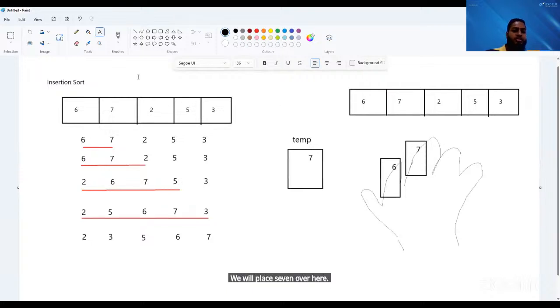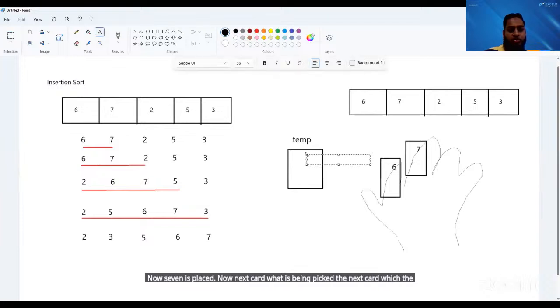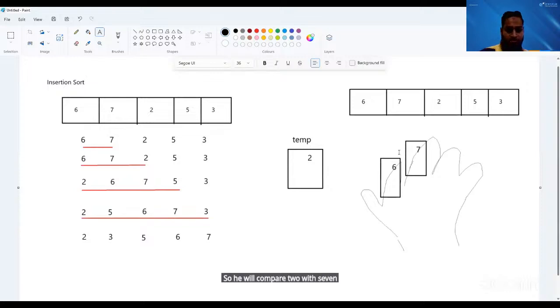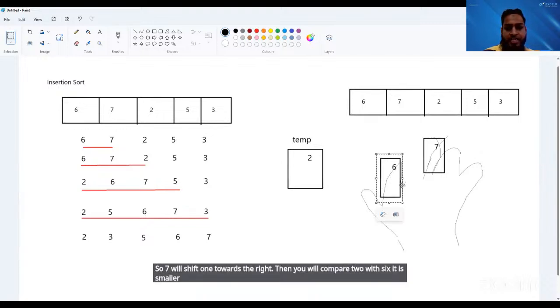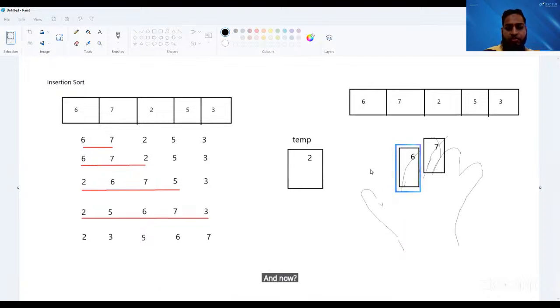Now 7 is placed. Now what is the next card being picked? The next card the player will pick is 2, right? So he will compare 2 with 7. It is smaller. So 7 will shift 1 towards the right. Then you compare 2 with 6. It is smaller, and 6 will shift 1 towards the right. And now we have got one space.